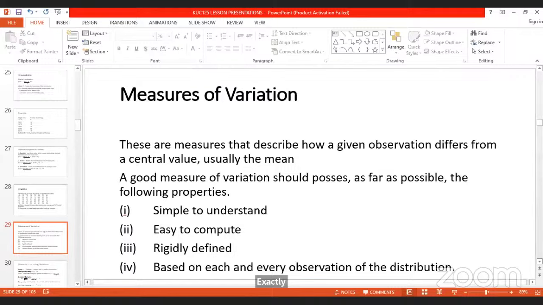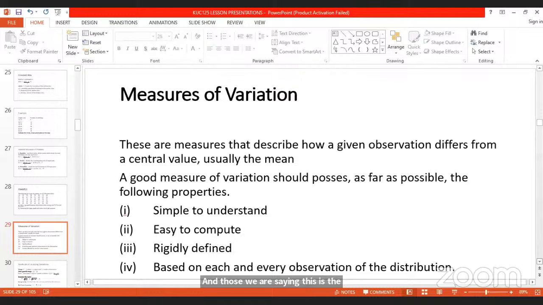Why is it that the mean is the most important measure of central tendency? It's because it is more responsive to individual observation. When you change a single value, the mean is affected, unlike the mode and the median.